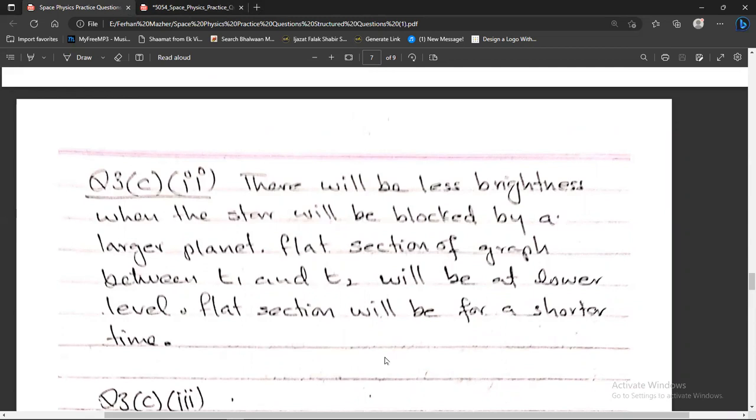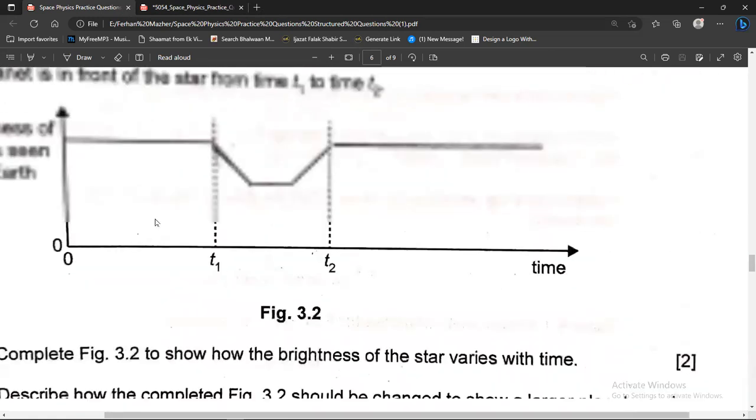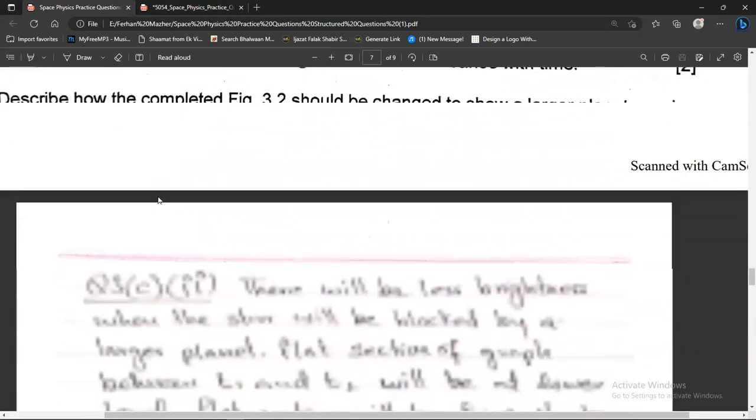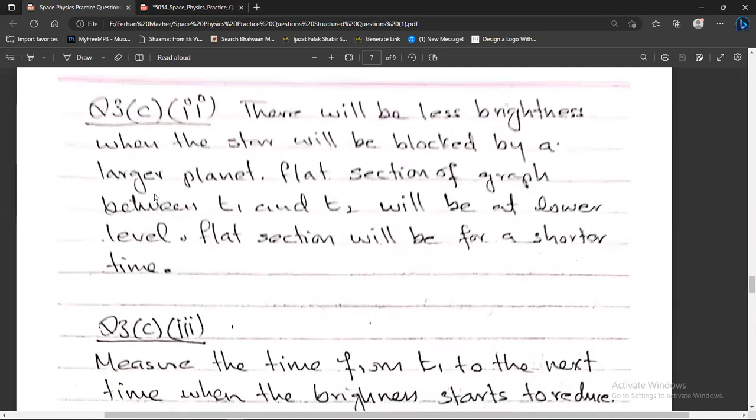The flat section of the graph between T1 and T2 will be at a lower level because there will be less brightness. The flat section will be for a shorter time. So that is question number 3C.